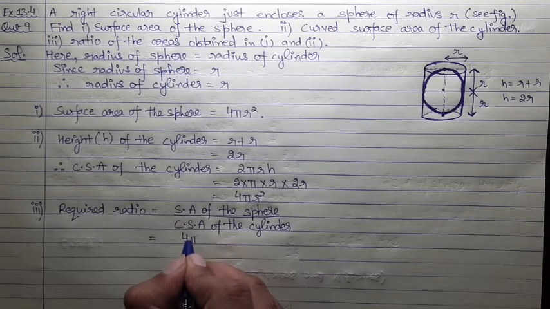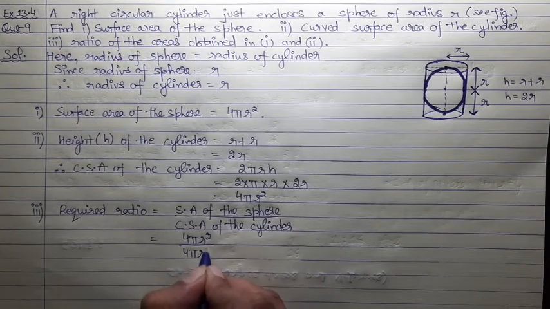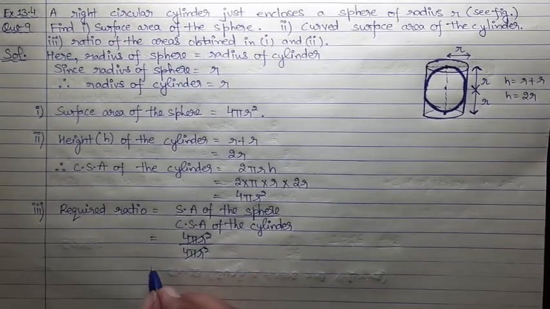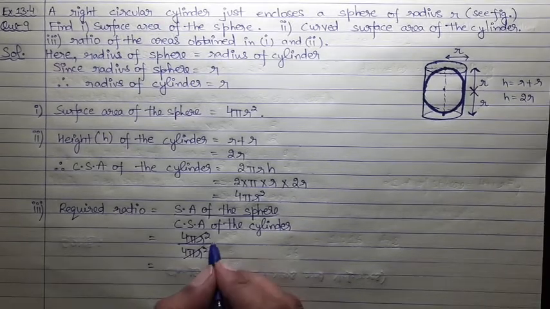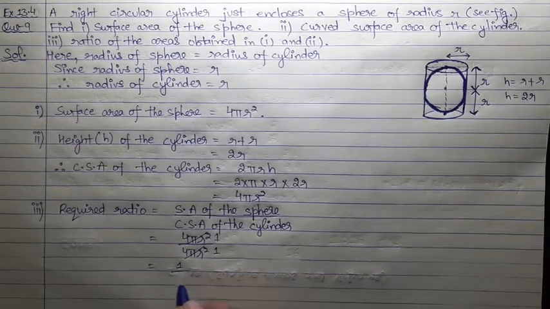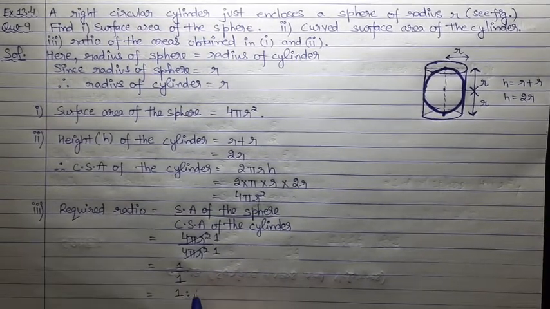Both are the same, 4 pi r square over 4 pi r square. 4 pi r square will cancel out. It will become 1 over 1, which is 1:1.